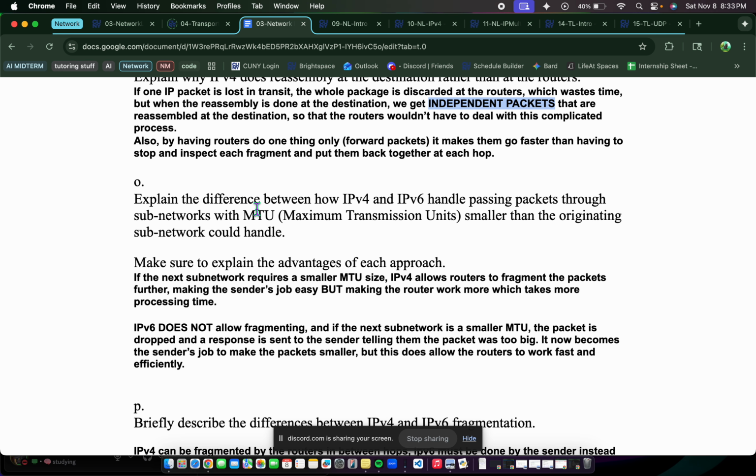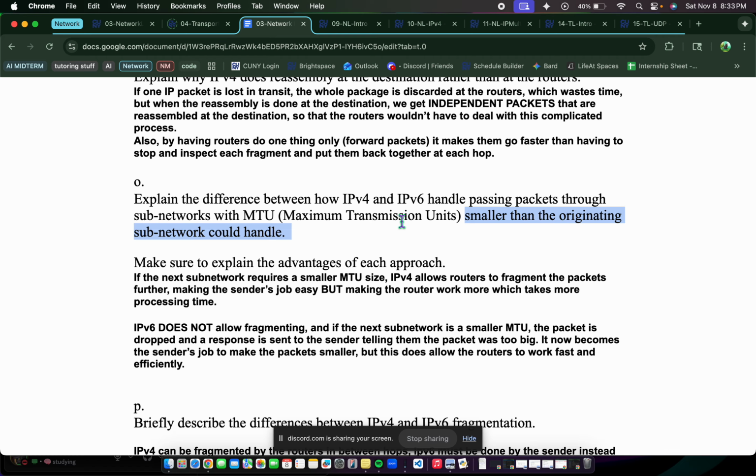Okay, so we have the difference between IPv4 and IPv6, handling passing packets through subnetworks with maximum transmission units. Sometimes you might end up with a bottleneck where your MTU at one link ends up being smaller than what your original link was, right?